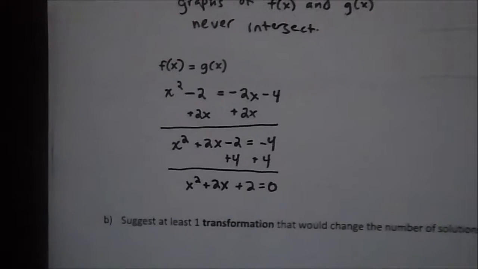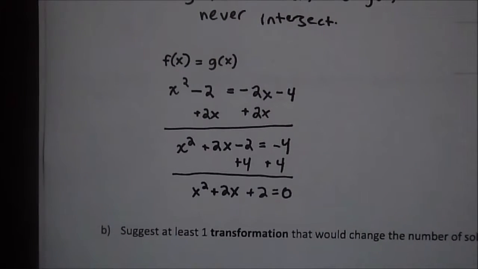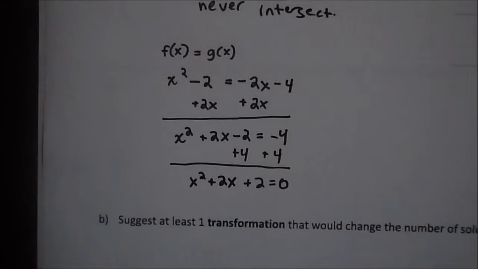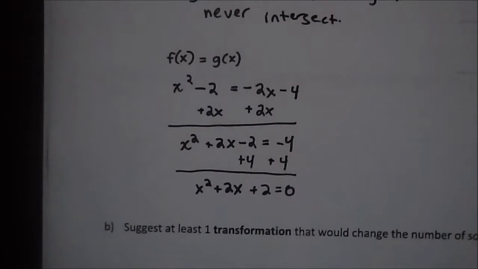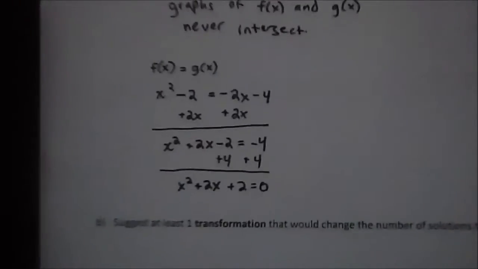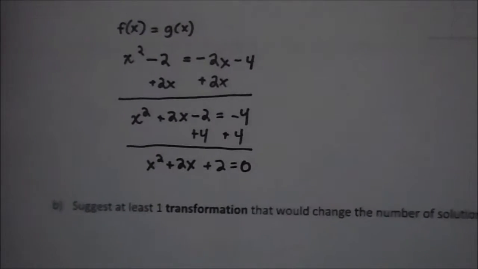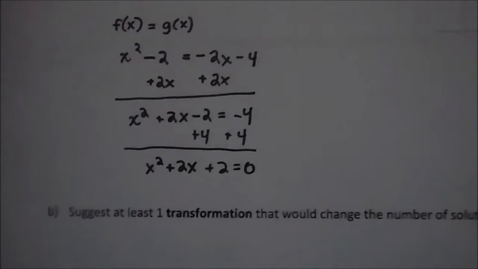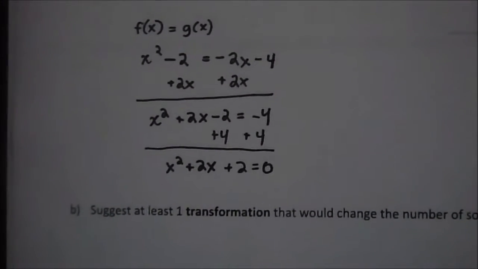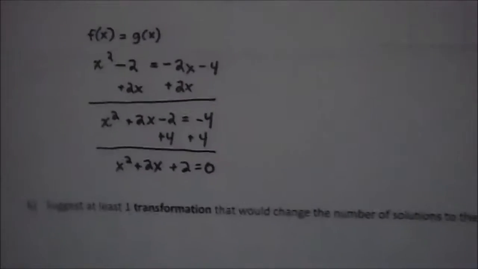I can see that I have a quadratic equation here. Just like we've been doing in the rest of this unit, anytime a quadratic has real solutions or places that the graph would intersect one another, the discriminant will be positive. So I'm going to go ahead and see what the discriminant is for this equation, x squared plus 2x plus 2 equals 0.